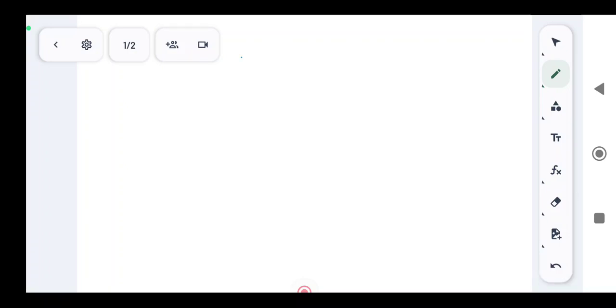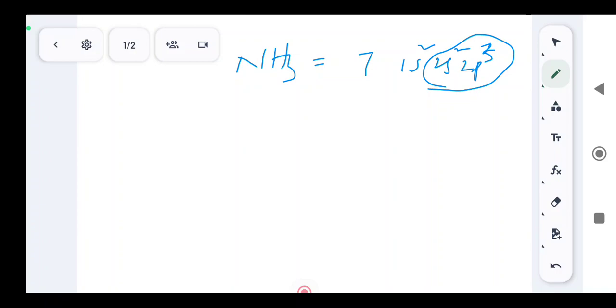Nitrogen atomic number is 7, valence electrons 5, 1s2, 2s2, 2p3. So this is the valence shell. 5 electrons are there, 2 electrons and the remaining 3 electrons form bonds with hydrogen.